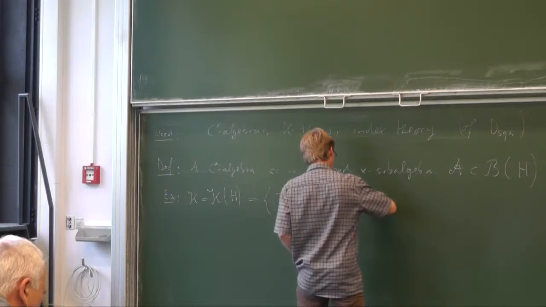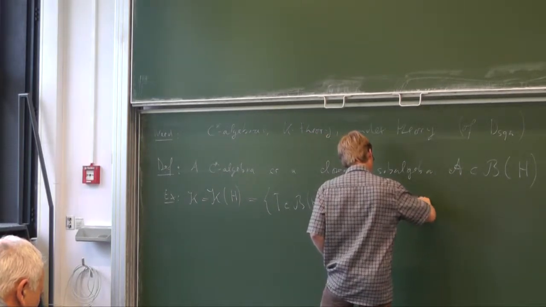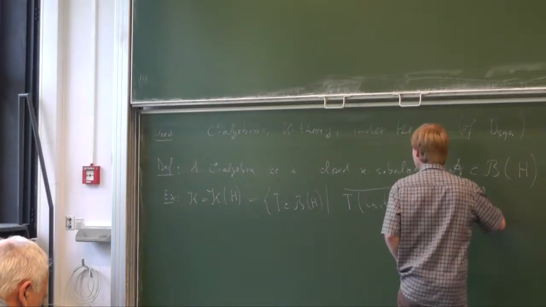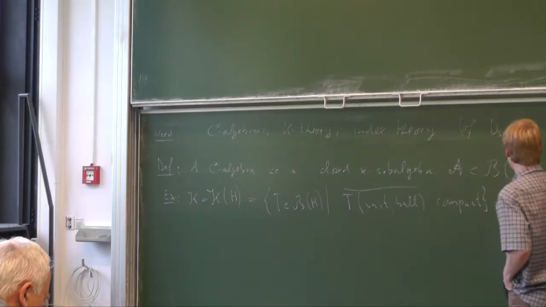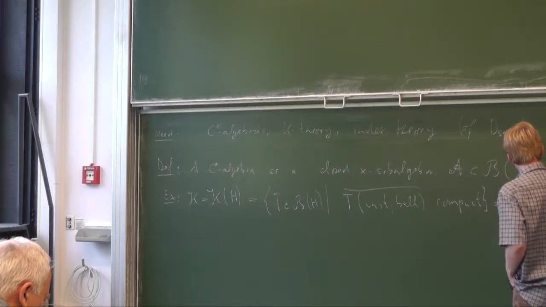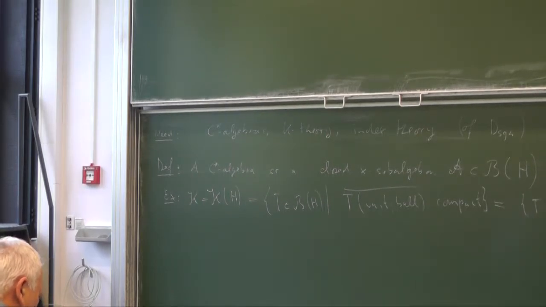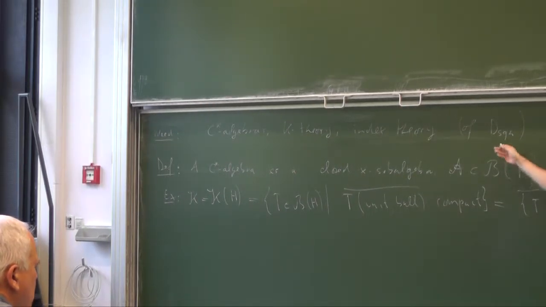Another convenient way to describe that would be to say we take the T which have finite rank, finite image, and then take the norm closure inside the bounded operators.